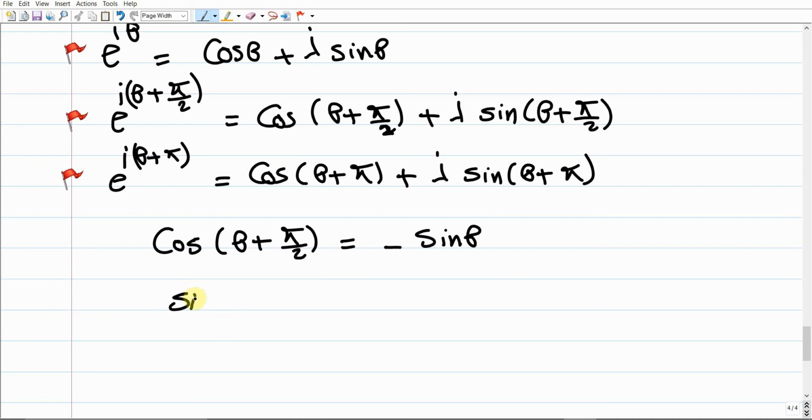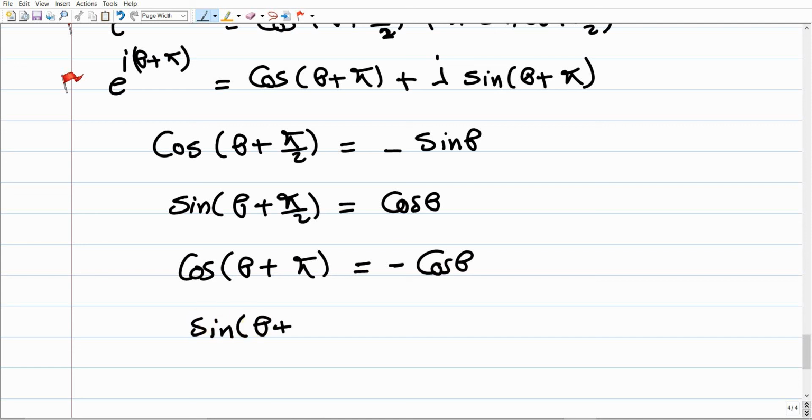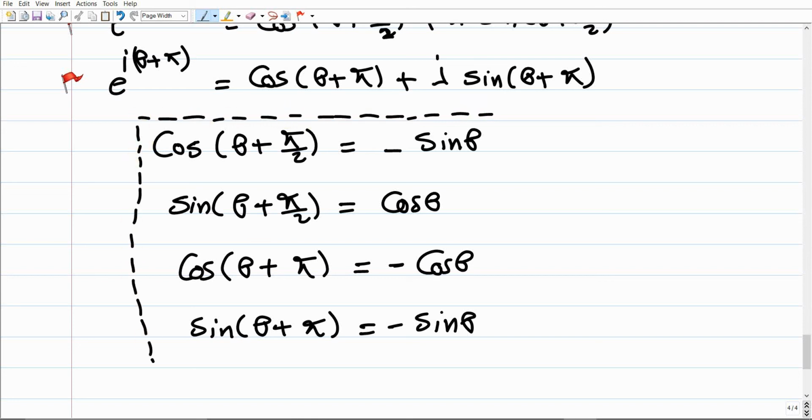Also, the sine of theta plus pi over 2 is equivalent to cosine theta. Also, the cosine of theta plus pi is equivalent to negative cosine theta, and the sine of theta plus pi is equivalent to negative sine theta. Make sense? So just consider these identities when you do analysis, whether velocity or acceleration analysis, for a mechanism.